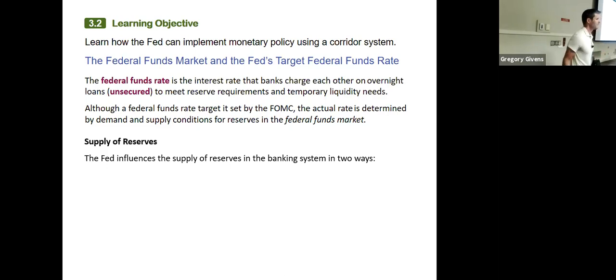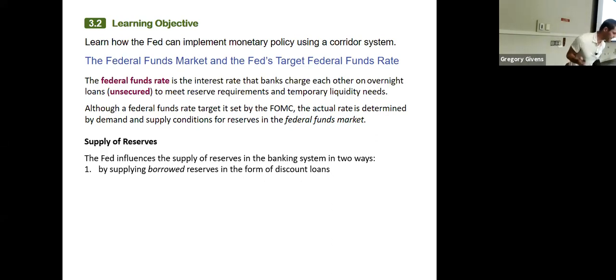Okay, system-wide, who is it that ultimately supplies bank reserves to the US economy? There is one institution that is effectively a monopoly supplier of bank reserves, and that is the Federal Reserve System, okay? In our supply and demand model, the Fed is going to be our supplier of bank reserves, all right?